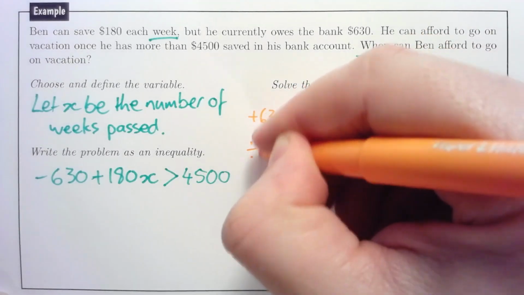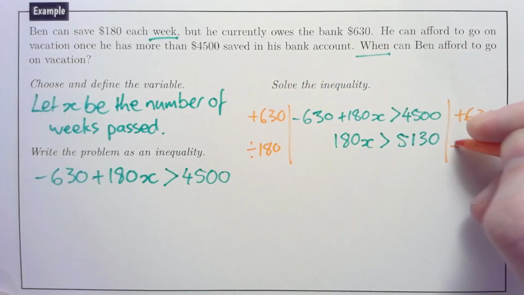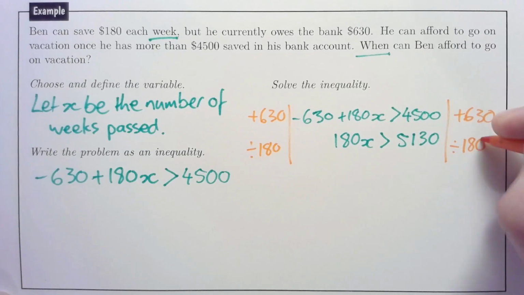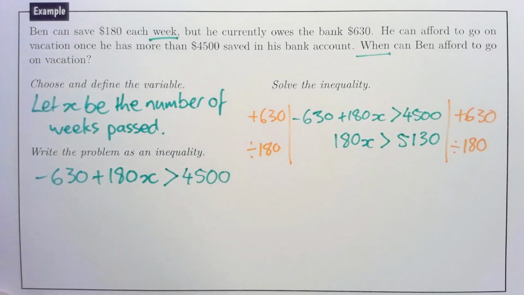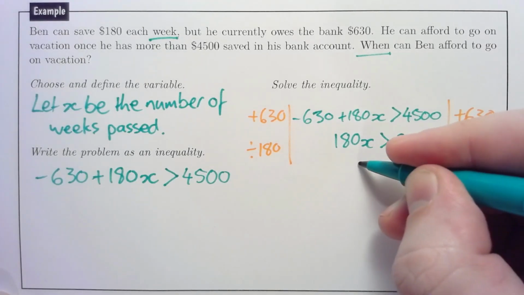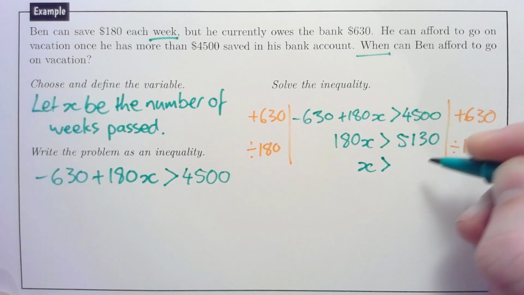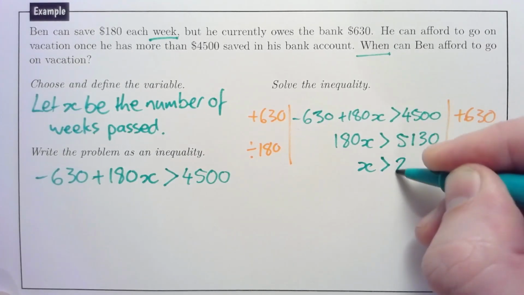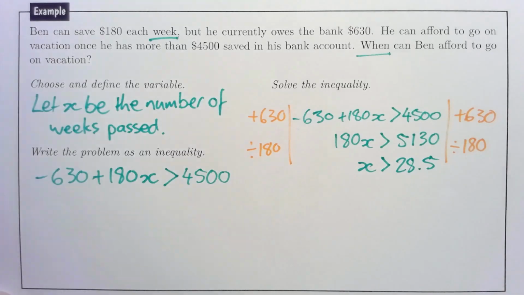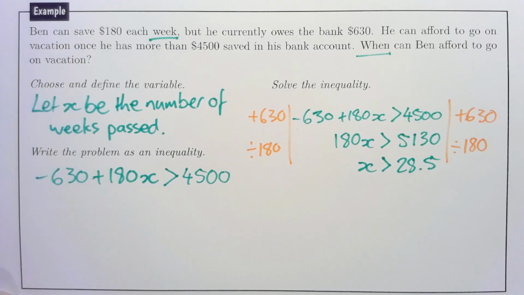Next, we'll divide by 180. Now, there's no negative that we're dividing by here, so there won't be a change of direction. So x must be greater than 28.5. Now, because Ben's probably saving this money each week, if we assume a normal working week, he's probably only getting paid once per week.